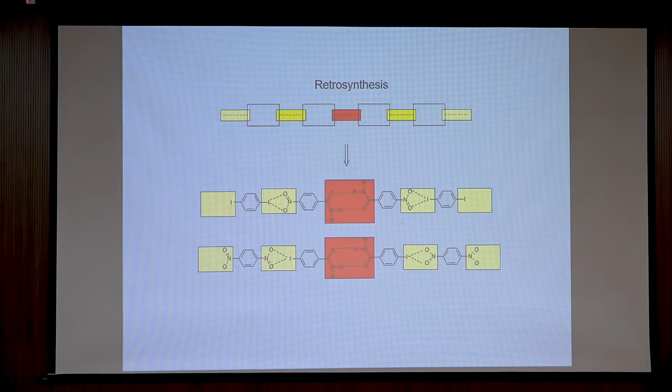Then we can go one step further. So you can take diiodobenzene and then I can add this amide here, because I know amides and amides form another nice synthon here, this red. Then I take diiodobenzene para-nitrobenzamide, dinitrobenzene para-iodobenzamide.